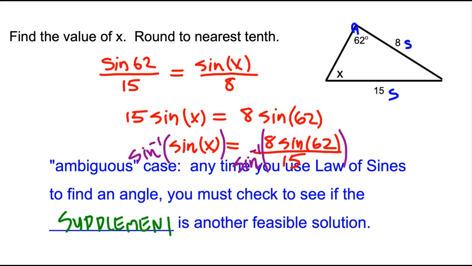And so you have to look in your situation and see, bye, drive safe, is that angle going to be an acute angle or is it going to be an obtuse angle? Which one makes more sense? And then you just have to make a judgment based on what the calculator gives you. So either it's the angle the calculator gives you or it's the supplement of that angle. All right? Bye. See you Friday.